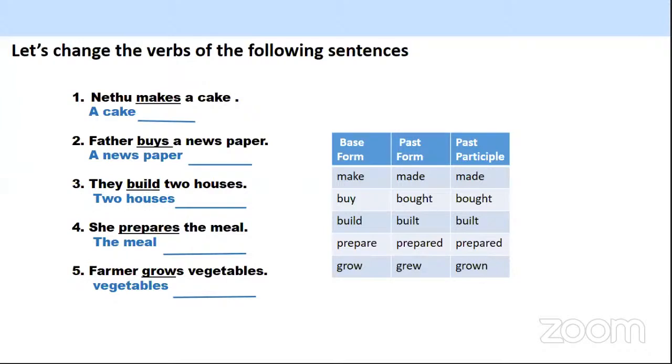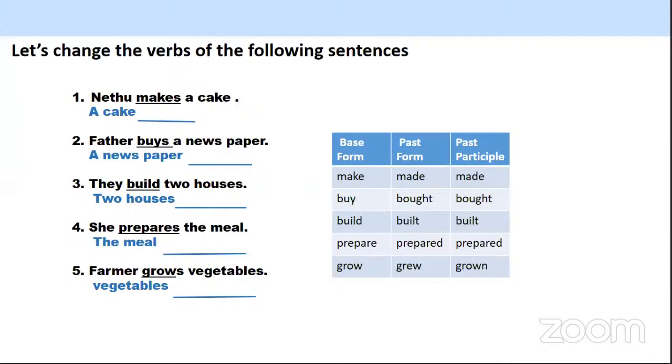Now look at these sentences again. Netu makes a cake. Father buys a newspaper. They built two houses. She prepares the meal. Farmer grows vegetables.